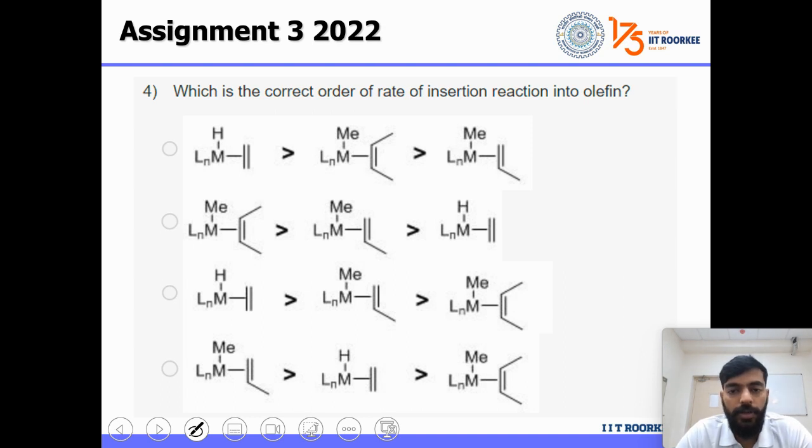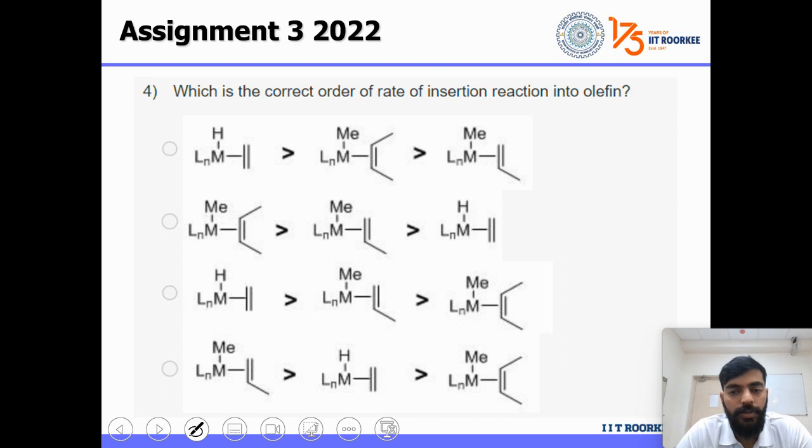Which is the correct order of rate of insertion reaction into olefin? So there are three types of olefin. They are asking the metal will be inserted in which olefin firstly, then secondly, then thirdly.